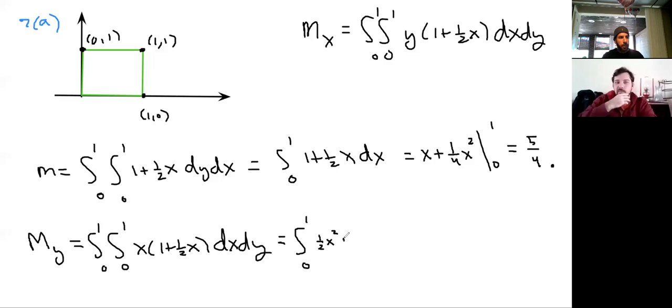And then this becomes 1/2, and with the x squared, it becomes 1/6 x cubed from 0 to 1, and then this is a dy. So when you plug in 1, you're left with 3/6 and 1/6, which is 4/6. So this just becomes 2/3 times the integral from 0 to 1 of dy, and you just get 2/3.